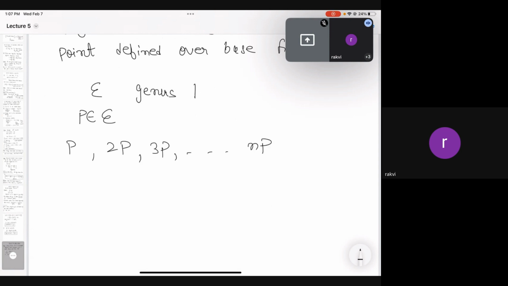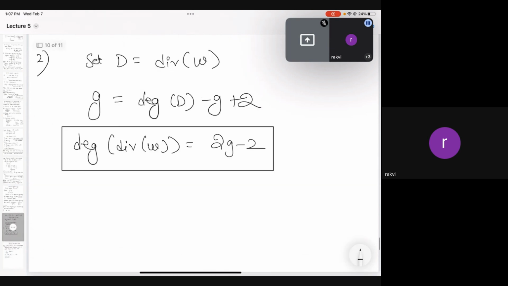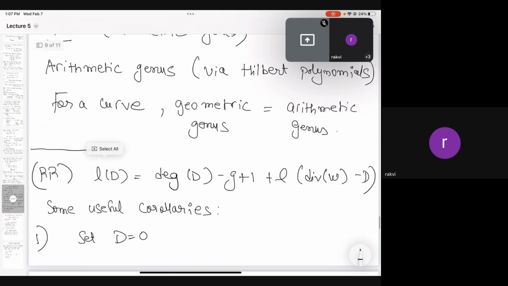When I say 2P, think of it as a divisor, and 3P and so on. I can think of these nP, right? Take those divisors and let's see what the dimension of their associated vector space is. So again, let's go back to Riemann-Roch, and this tells me that this is equal to degree D minus g, but g is just 1, so that will cancel out.